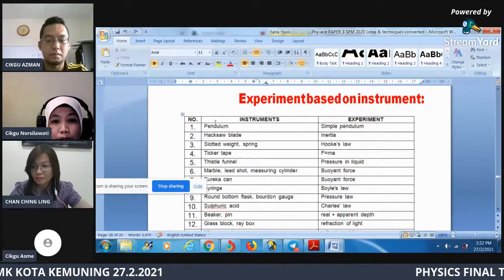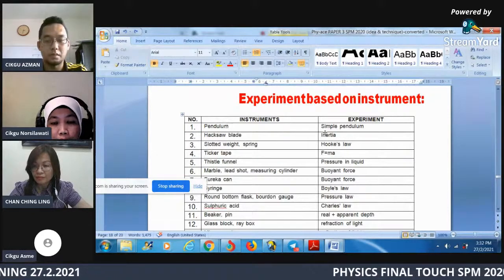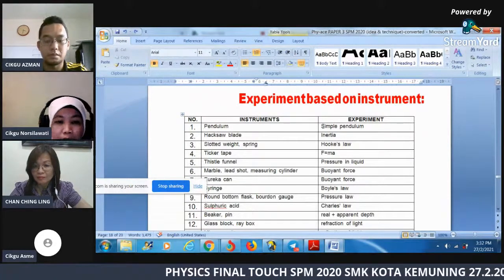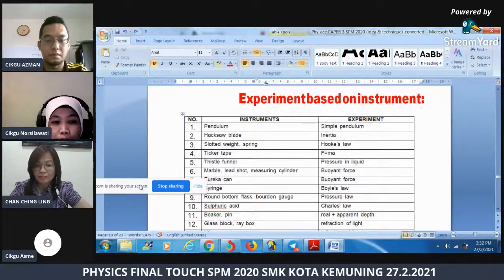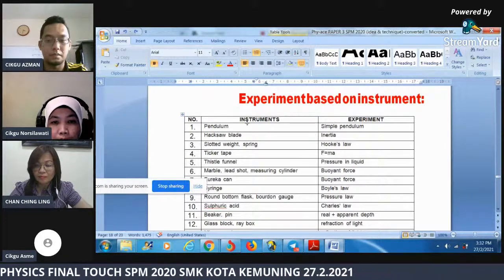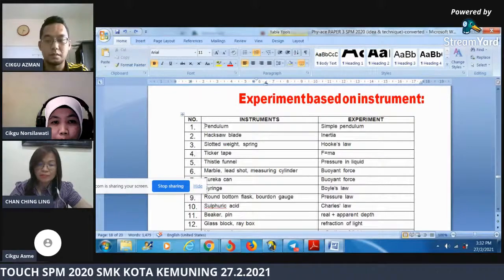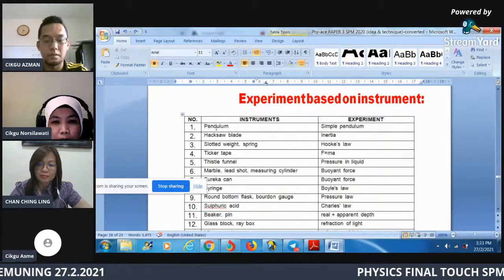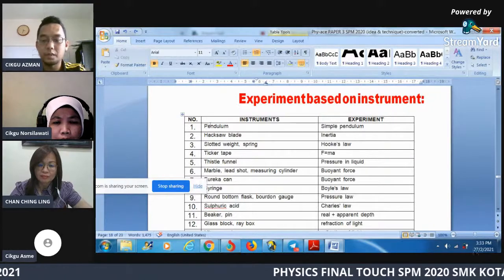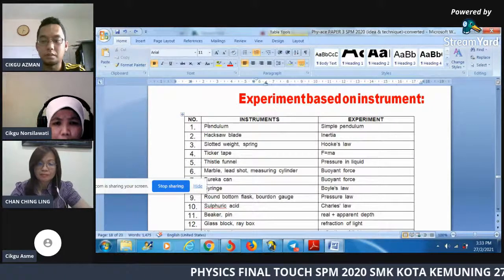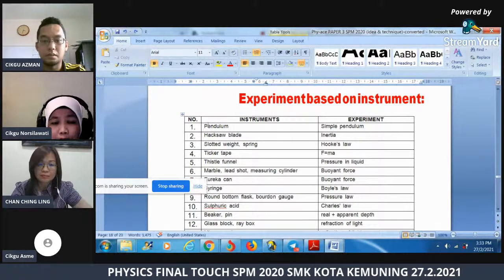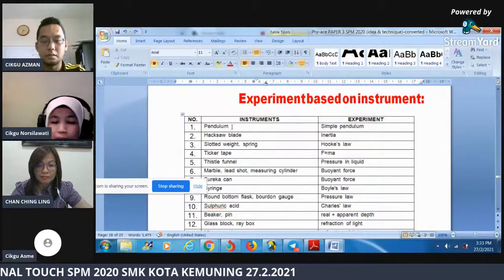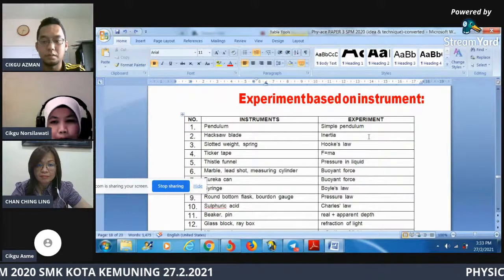So basically we can guess what type of experiment you need to answer, or write the planning for, just by looking at the measuring instruments given. For example, pendulum: if you see a pendulum, it is definitely a simple pendulum experiment.